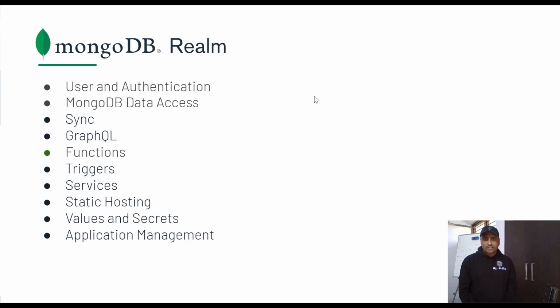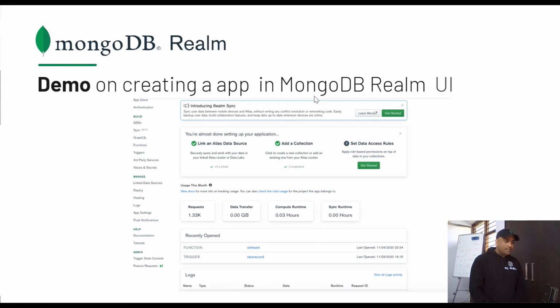It has functions, triggers, services, static hosting, values and secrets, and application management. So if you look at the features, MongoDB Realm has everything you need as a web developer or mobile developer to speed up your development process. We created a MongoDB Realm app in the UI, and we saw how you can create that.